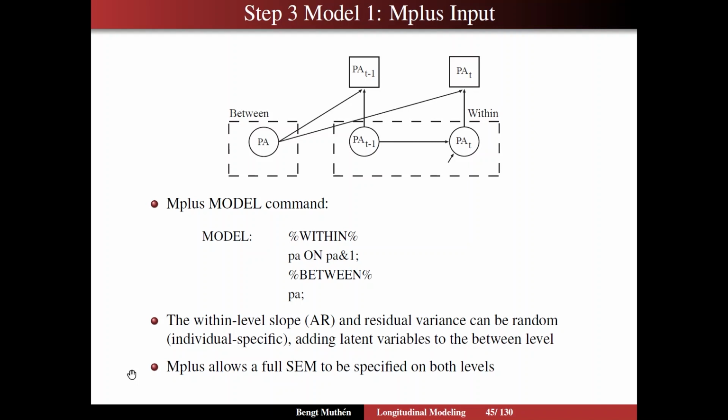It actually allows a full structural equation model to be specified on each of these two levels, within and between. So for instance, you can have a mediation model on within and on between. You can have a factor analysis on within and on between. You can have a full structural equation model on both levels. But we're going to keep it fairly simple throughout most of this talk.